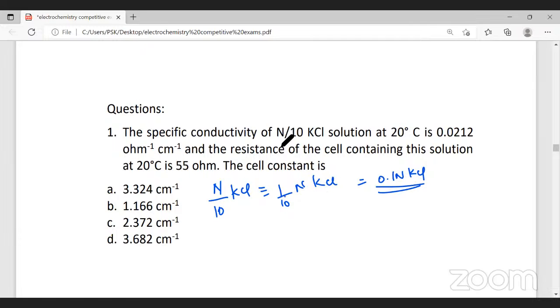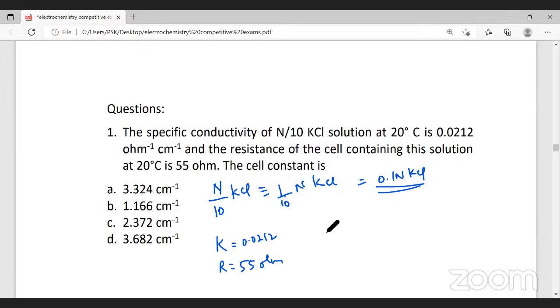They've given the specific conductance of N by 10 KCl at 20 degrees Celsius as 0.0212 per ohm centimeter. That means they've given kappa, 0.0212. And the resistance of the cell containing the solution at 20 degrees Celsius is 55 ohms. They're asking you to calculate the cell constant.